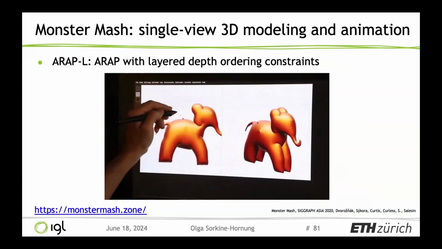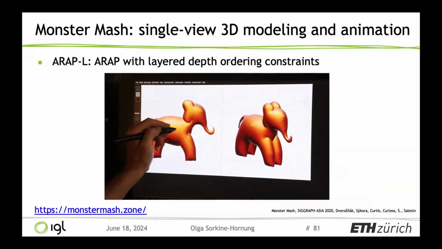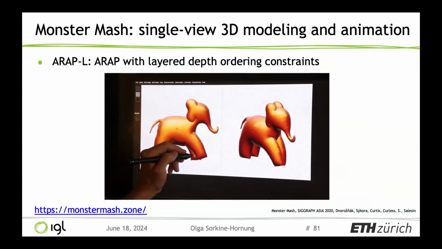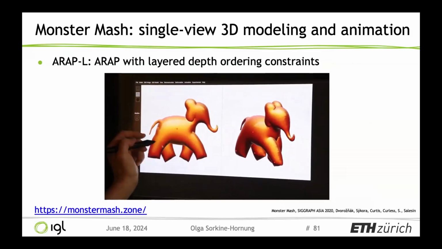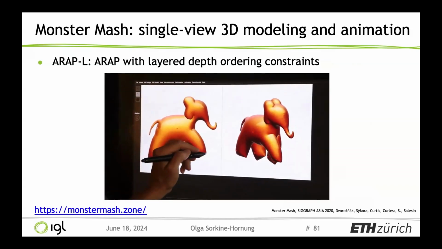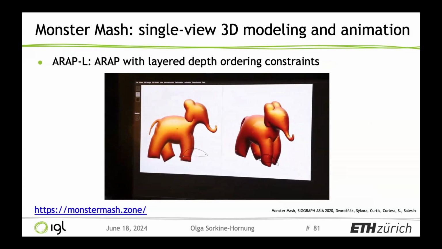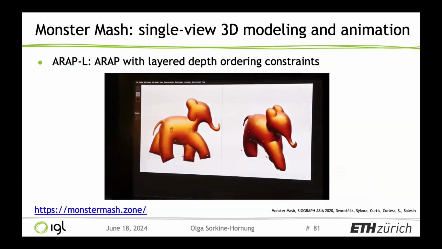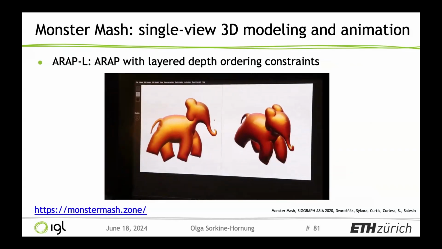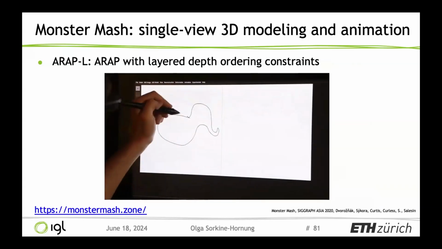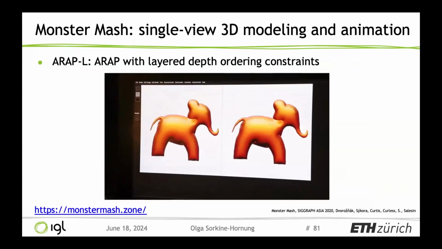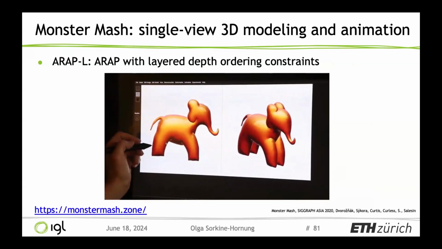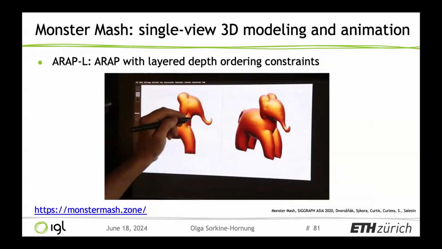Again, no deep learning. This is just a specialized ARAP version that works with single view drawing, and by layering constraints, we're able to keep a valid non-intersecting shape here, and you can even animate it. You're very welcome to try, by the way. It's a fully web-based application, Monster Mash. It's very fun to play with.